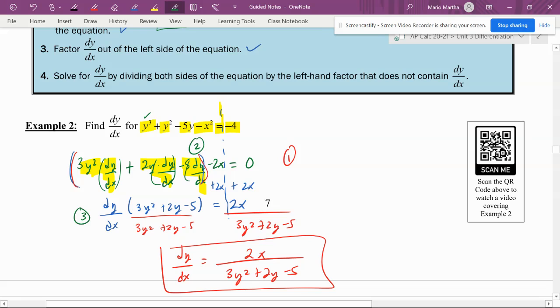All those factors right there, you can just treat like a number. Remember, it's still a slope. Dy dx is just a number. And then here we end up with dividing that. So it's our 4th step. And we have our derivative with respect to x of our implicit function, which is 2x over 3y squared plus 2y minus 5.